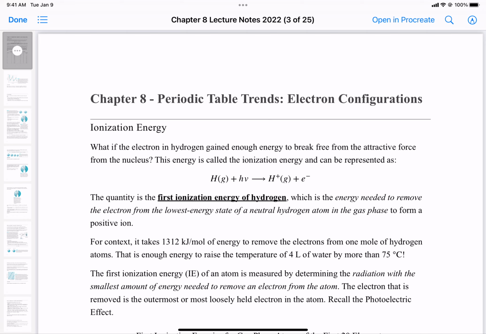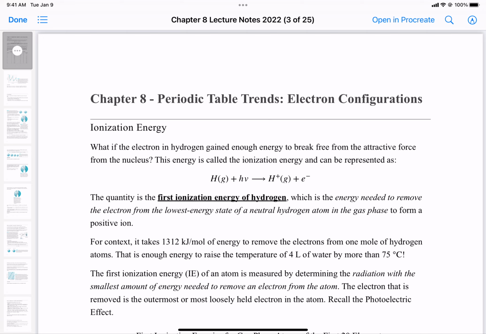And we can represent this as any element in the gas phase, when we irradiate it with light of enough energy, we can generate a gaseous ion and get a free electron, which we can detect using a detector. Okay. So the quantity of this energy, we call it the first ionization energy.